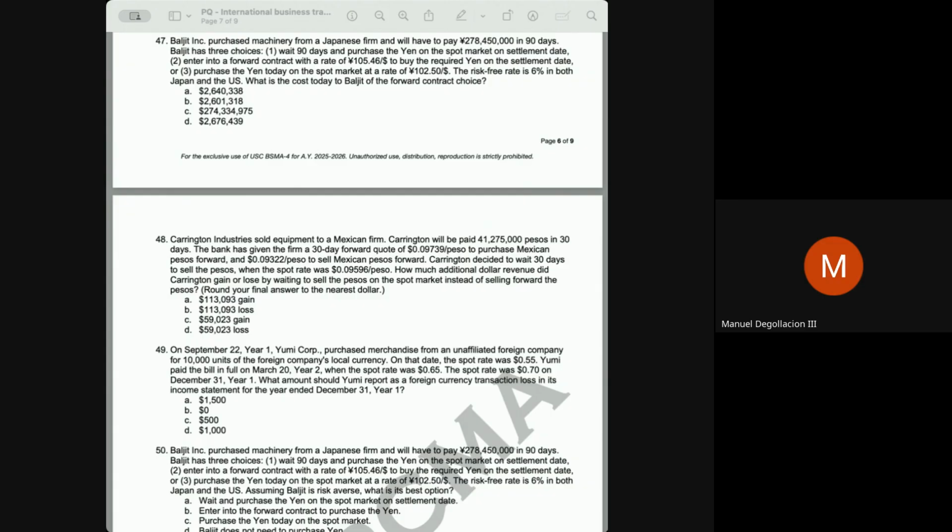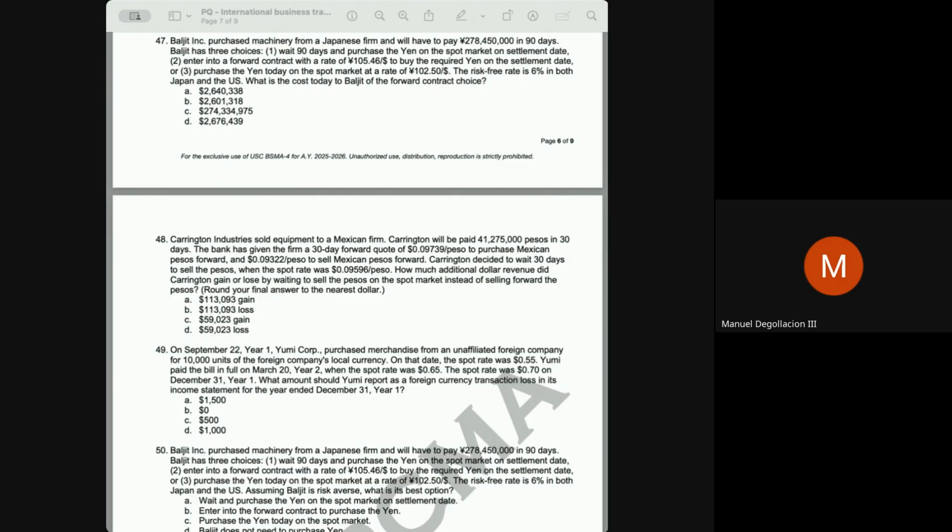Had it entered into a forward contract, it would have converted the 41,275,000 using the 0.09322. But even before computing, what do we think is the scenario here? Under the forward contract, it is 0.09322, and then the actual spot rate was 0.09596. So 1 peso would actually give you more dollars.